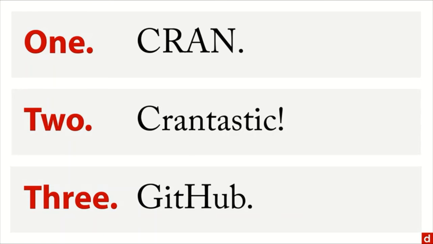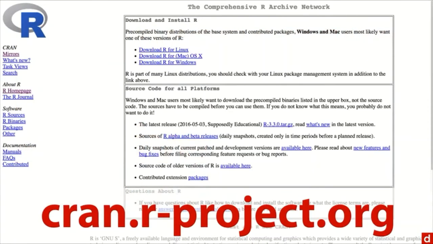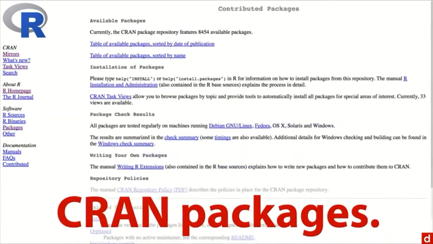But let's start with this first one, the Comprehensive R Archive Network, or CRAN. Now, we saw this previously when we were just downloading R. This time we're going to cran.r-project.org. And we're specifically looking for this one, the CRAN packages. That's going to be right here on the left. Click on packages.